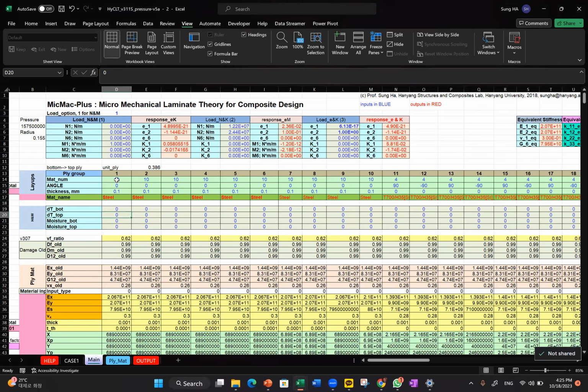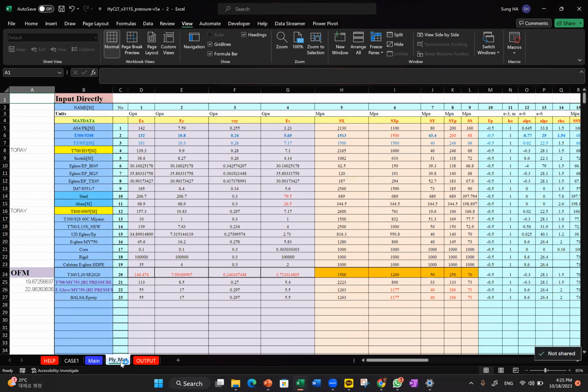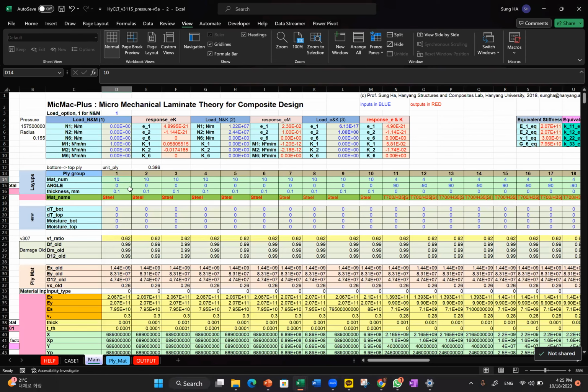Okay, in that case, here the aluminum is number 11. So we choose 11, but for convenience, let's choose 5 layers of steel and 5 layers of aluminum.